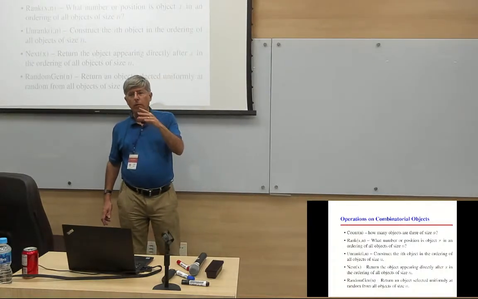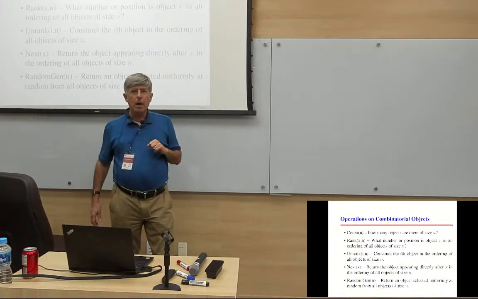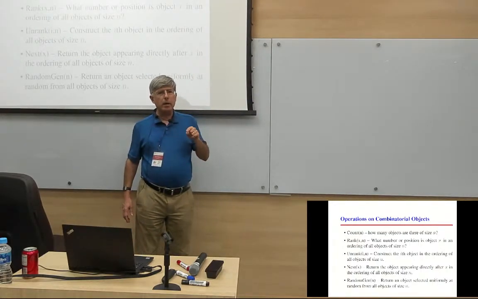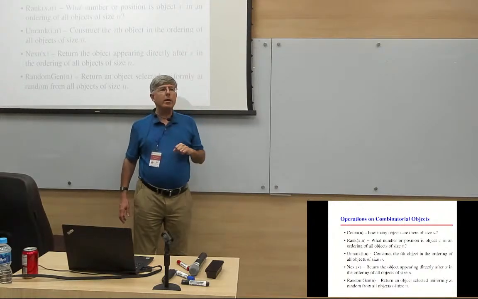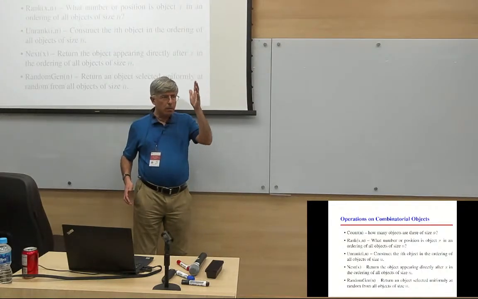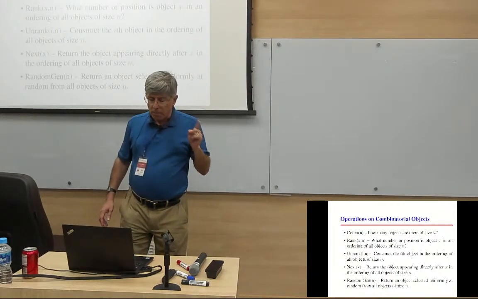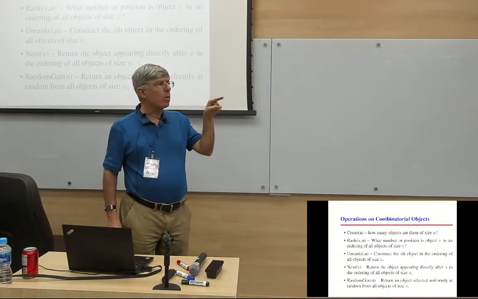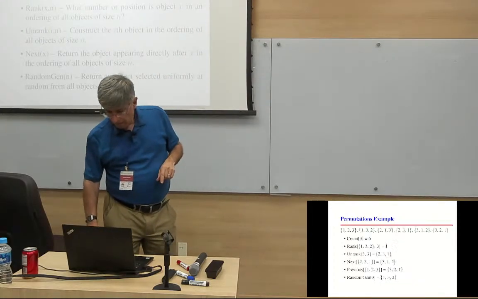Those of you who know about that kind of thing have some slick algorithm in mind. But you'd like to be able to give me every one of the n factorial permutations with equal probability. I want one permutation, picked with equal probability over the space of all permutations. So these are the basic operations on combinatorial objects. Any questions about that?